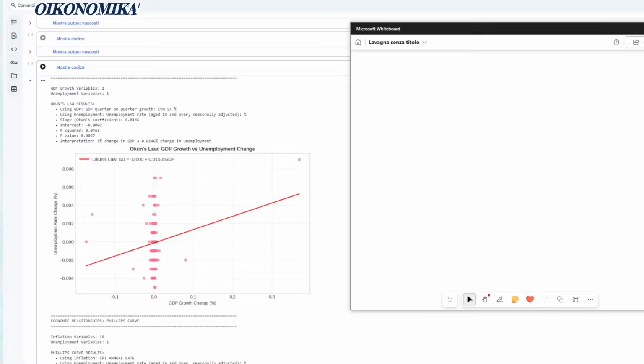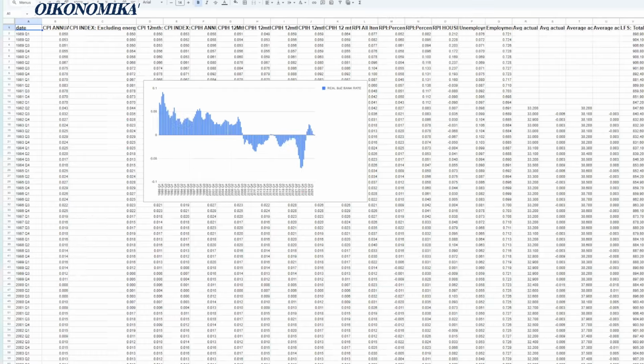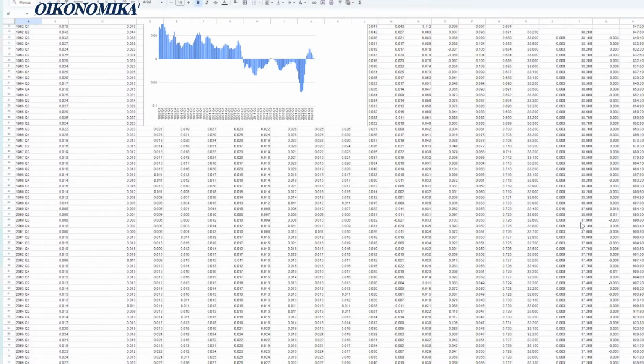So today we have a huge content. I have analyzed 160 data column variables with 140 rows. I have taken the bulk of UK macroeconomic data starting from the first quarter of 1989 up to the latest quarter in 2025. You can see here my huge Excel work.